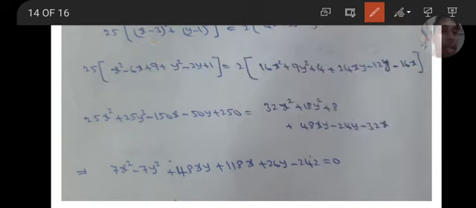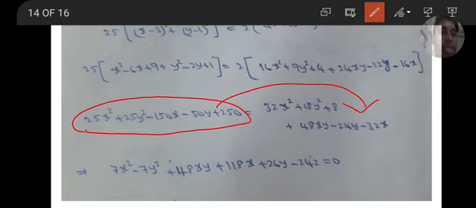So bring to one side, I am taking all these terms to the RHS. 32x square minus 25x square, 7x square, and 18y square minus 25y square means minus 7y square, and 48xy is the same as it is.